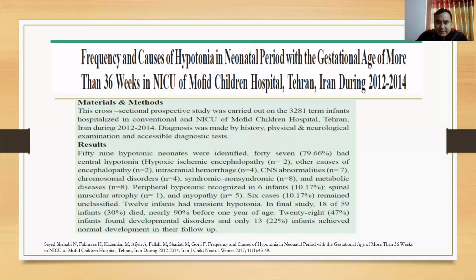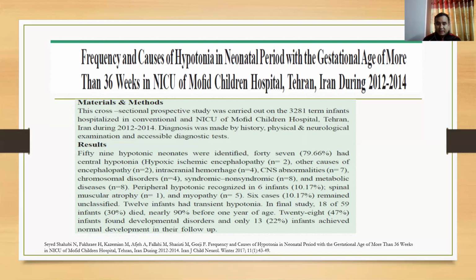So let us look at the evidence. This is one of the research studies done in Iran, where they looked at the etiology of hypotonia in the neonate. In this study, the central cause of hypotonia occurred in around 79.66%, meaning that when you see a child with hypotonia, most of the time the cause is central.